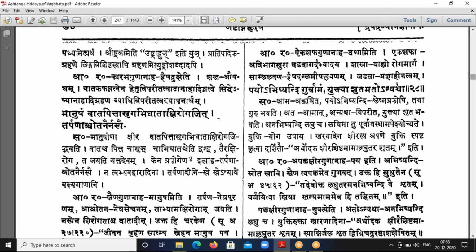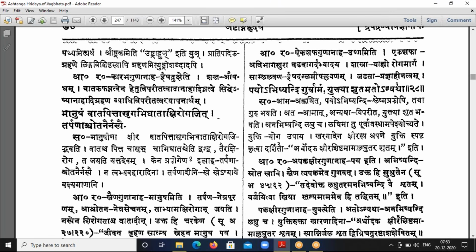Anyadha means it goes to the other end of the properties. It will not become abhishyandi anymore, and it will not be guru anymore. It is anabhishyandi and laghu.